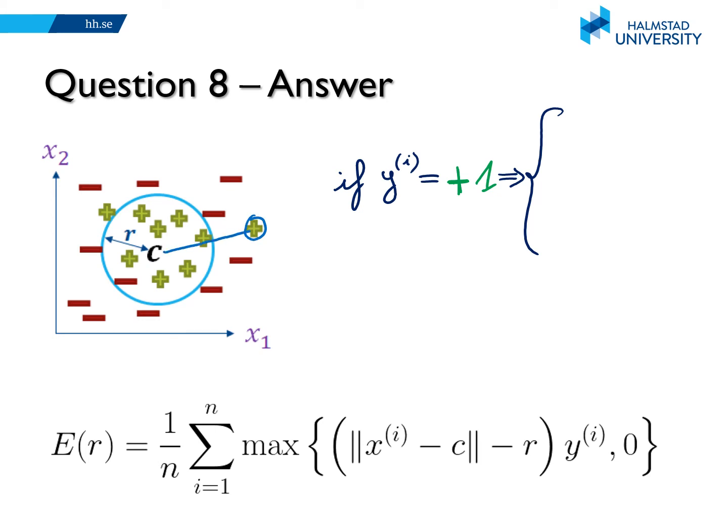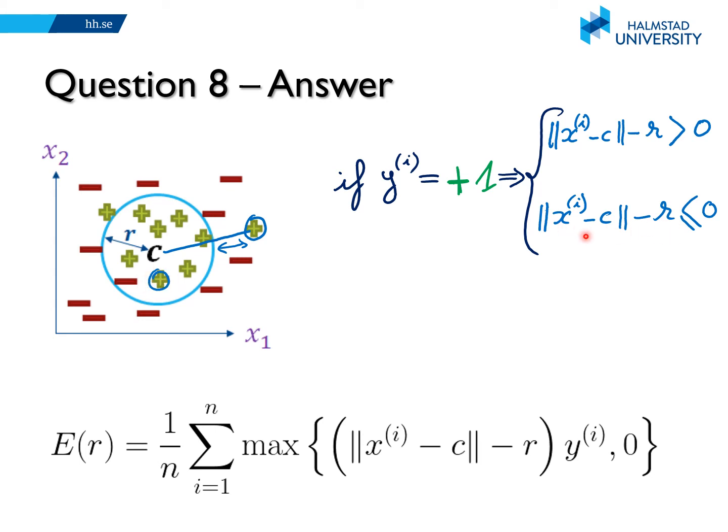So the distance between C and X is larger than R, right? So this is the difference. So here the distance between X and C is larger than R. And the other case is the other way around. So this is when the distance between X and C is less than R. For example, this is the case for this data point.